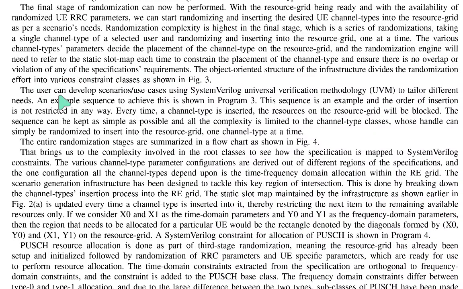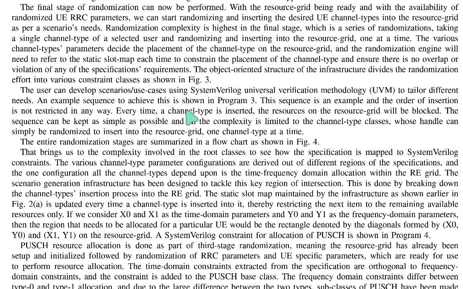Now, the user can develop scenario use cases using the SystemVerilog Universal Verification Methodology, also known as UVM, to detail the different needs. An example sequence to achieve this is shown in program 3. This sequence is an example, and the order of the insertion is not restricted in any way.